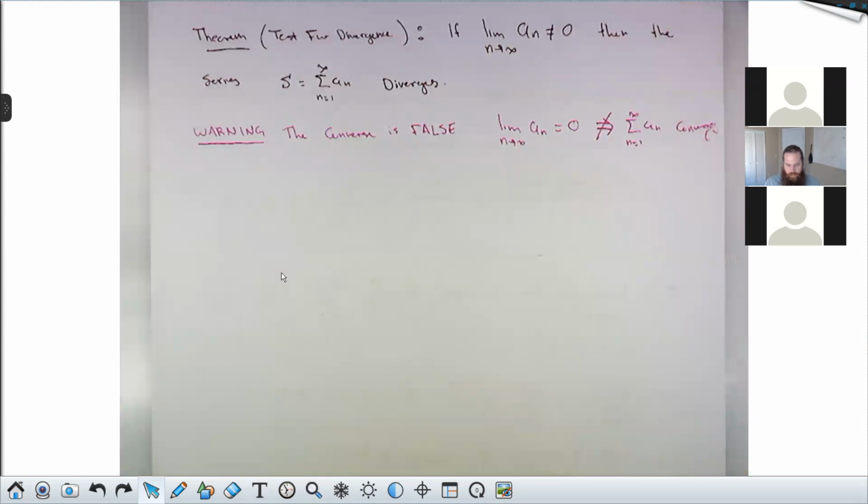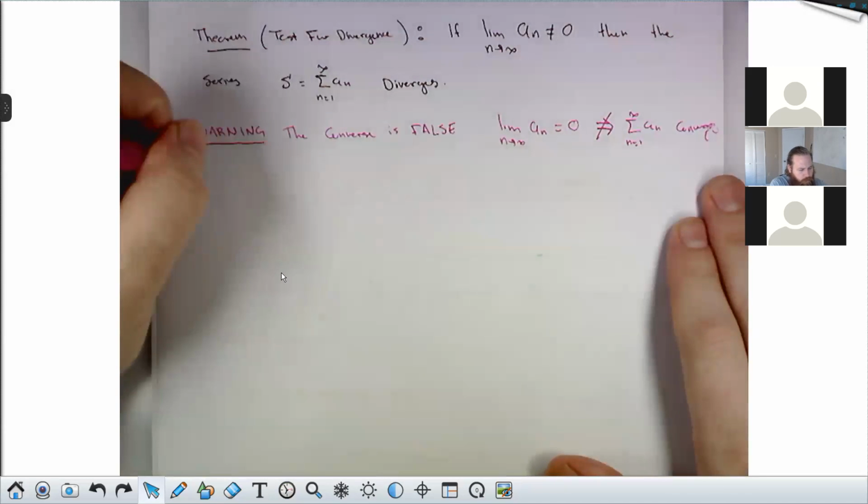So in Wednesday's lecture, I will give you an explicit counterexample. To come up with a nice counterexample, we need one more convergence test called the integral test. But yeah, there are lots of series that have the limit of the ANs being 0, but the sum of the ANs still failing to converge.